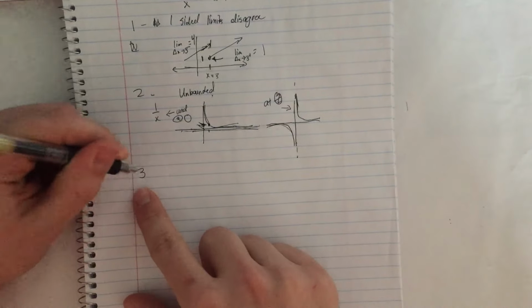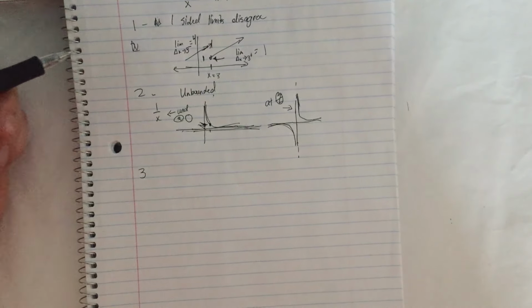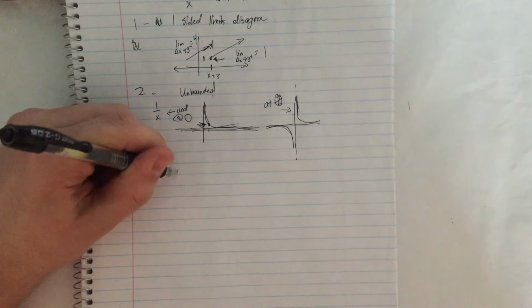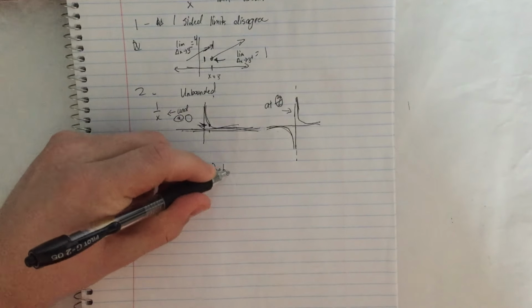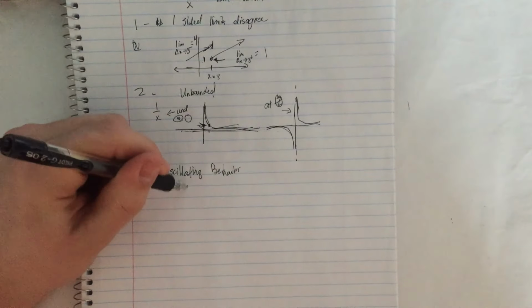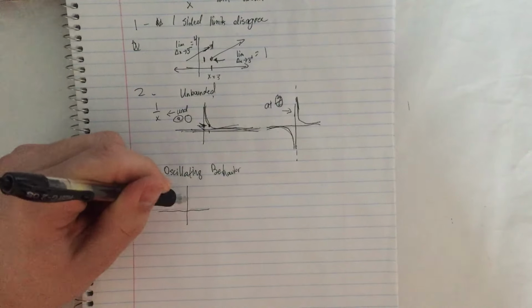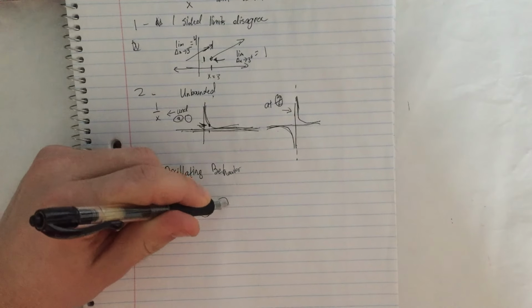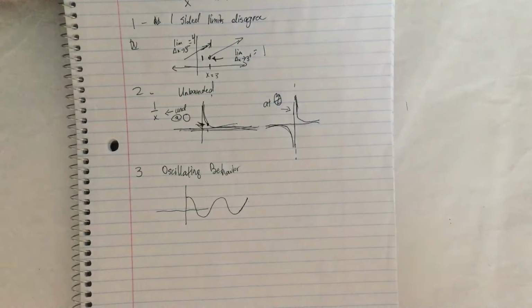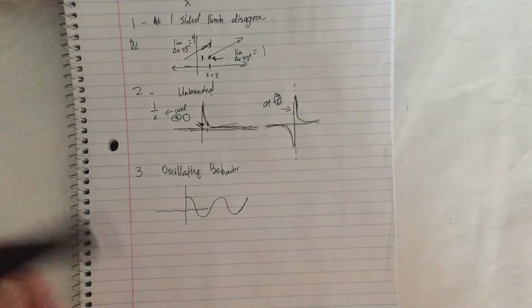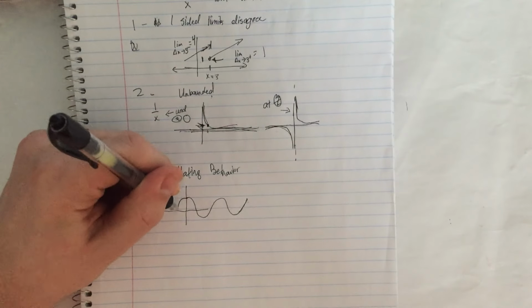Another reason, the third reason, is oscillating behavior. This is like in your sine and cosine functions. If we're doing this, there's no limit. Let me think about why for a second.